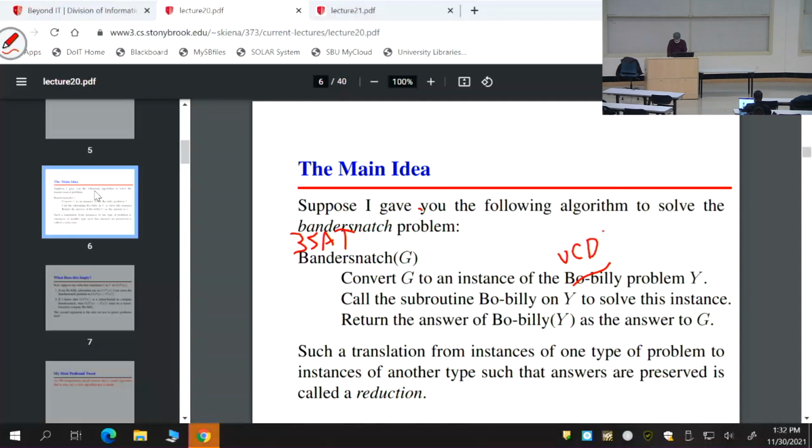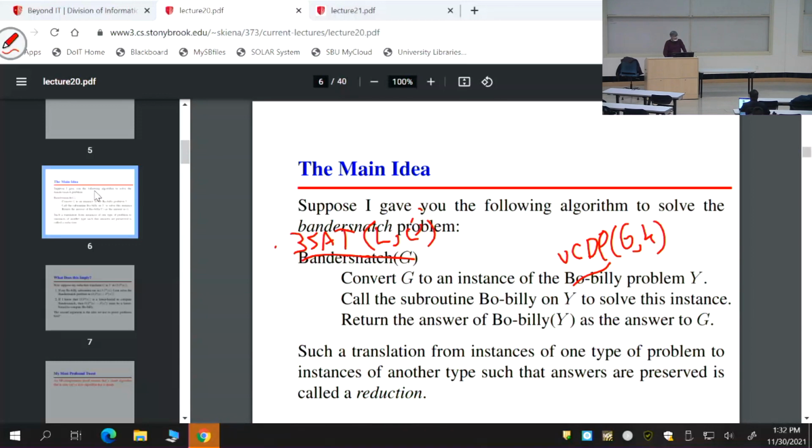The vertex cover decision problem, which took as input what? A graph and a bound k. And 3-SAT took a bunch of logic clauses and variables. In order for me to do this, I've got to find a way to translate any 3-SAT into a vertex cover problem, such that that graph is going to have a small cover if and only if the original 3-SAT problem is satisfiable.